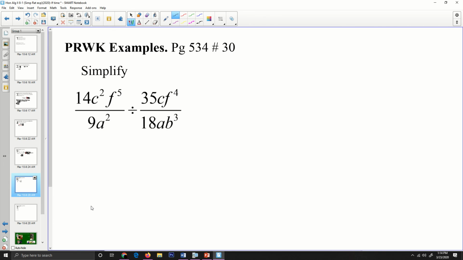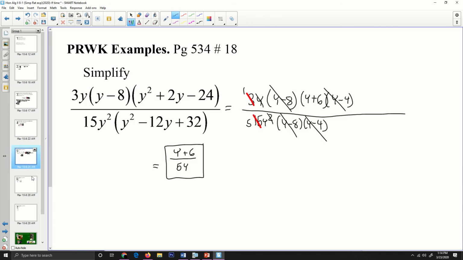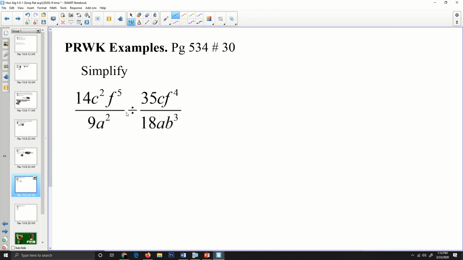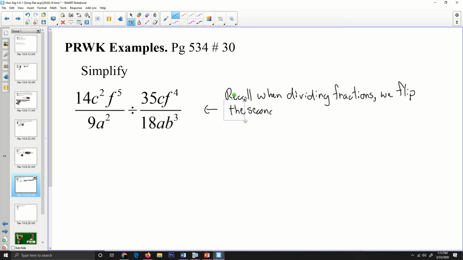Moving on. Here is a division. So this one is not just a simplification. We are actually asked to divide here. So remember, when we divide fractions, we are going to flip the second fraction and multiply.